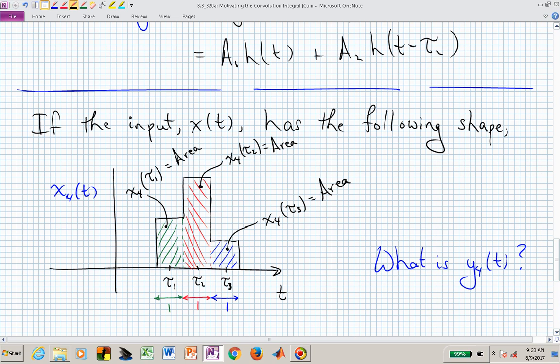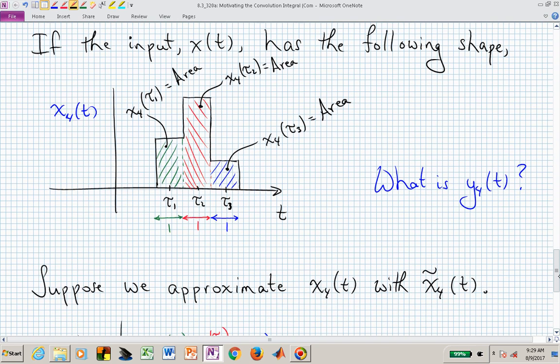Likewise, x sub 4 of tau sub 2 is the area of the red rectangle, and x sub 4 of tau sub 3 is the area of that third rectangle. And now we have these concatenated pulses of different amplitudes or different areas occurring at tau 1, tau 2, and tau sub 3. And we want to know what is y sub 4.